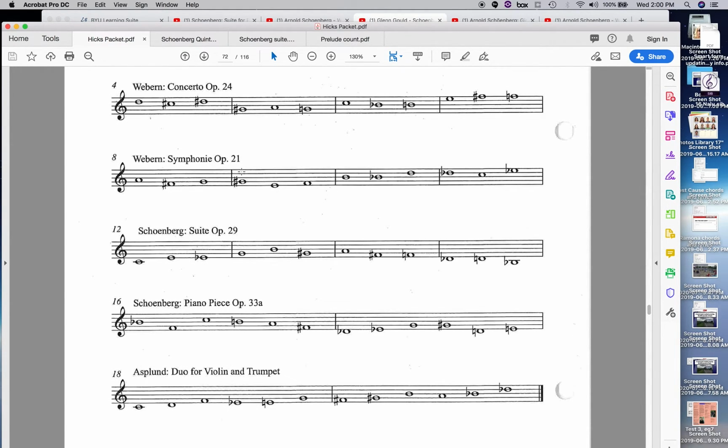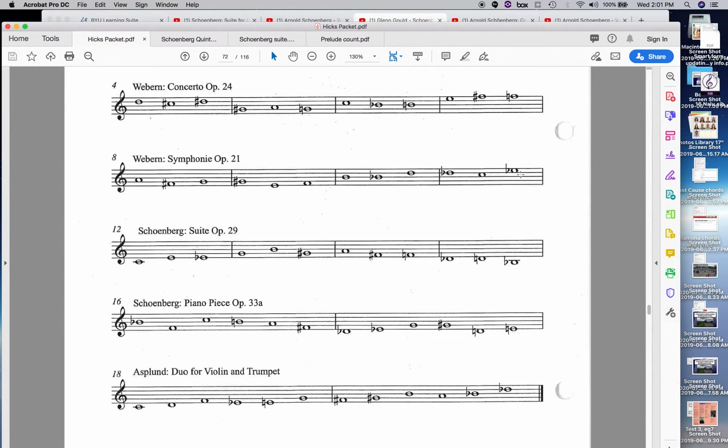The Symphony Opus 21, which we'll spend a lot of time with, this one's interesting in that the second hexachord is the retrograde of the first hexachord transposed by a tritone. So you'll notice that we have this first hexachord, A, F sharp, G, G sharp, E, F. So, down a minor third, up a minor second.